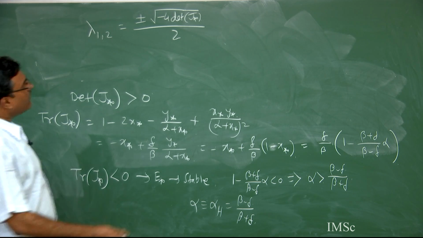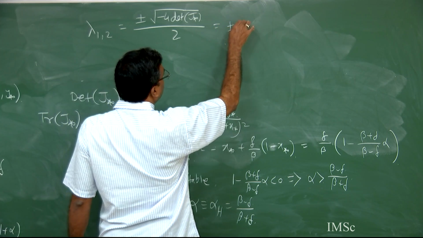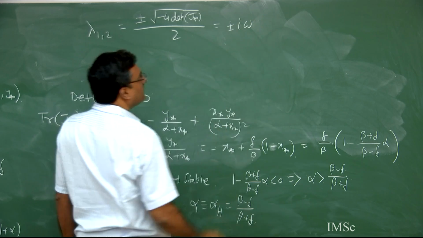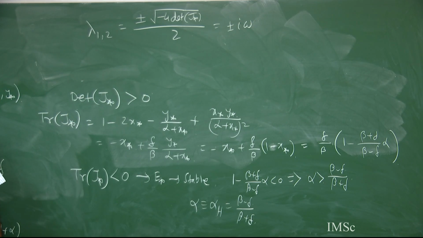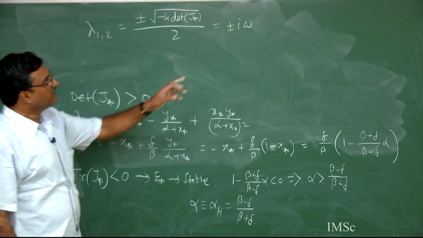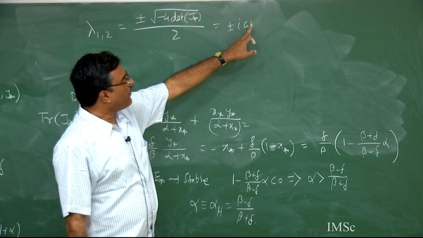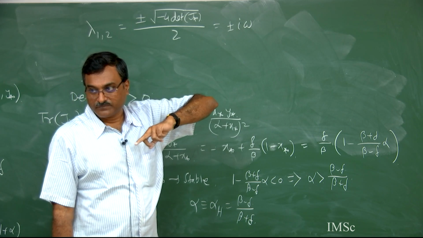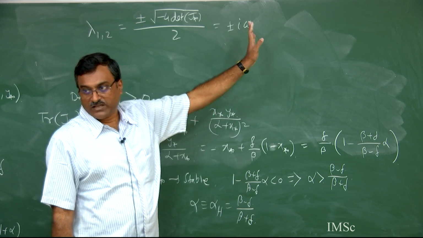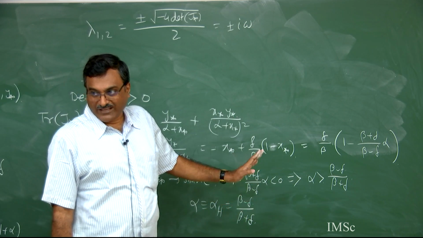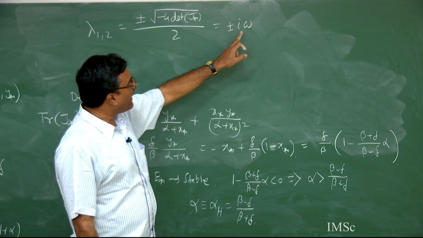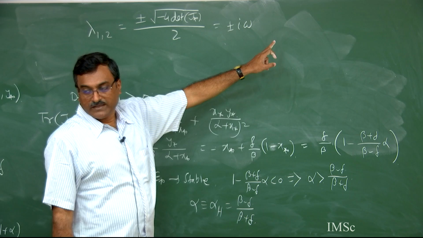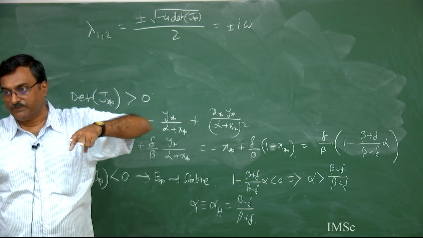So that means you are having complex conjugate eigenvalues, call it plus minus i omega, because whenever your x star y star is feasible, then determinant is positive. Once determinant is positive, it will give you a complex conjugate eigenvalue, and from the continuity of the expression in terms of alpha, we can assure that eigenvalues are of the form, say, mu plus minus i omega for general alpha.